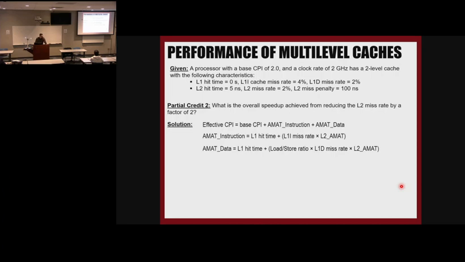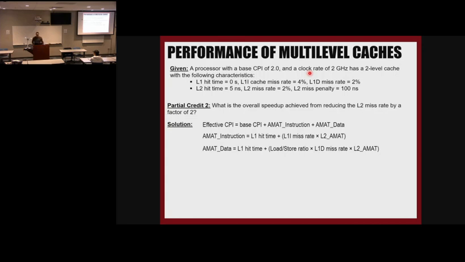It's not just about calculating the effective CPI, it's about the speed up. Speed up was something that we covered in Module 2 in the quantitative analysis part. So it's like mixing two different modules together at the same time. So we're talking about speed up. We know here that the number of instructions is not changing and the clock frequency is not changing.